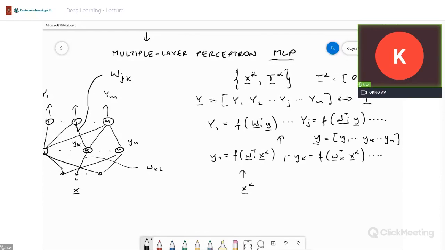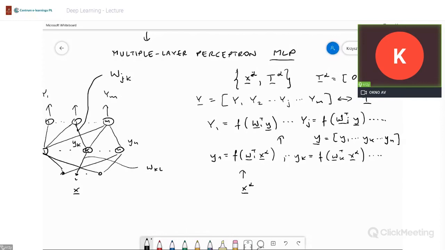If I would like to tell how well my network performs, I can do it by introducing a loss function. The framework for analyzing the problem is exactly the same as previously.